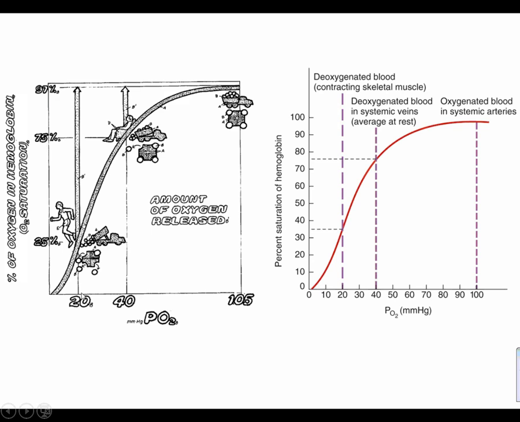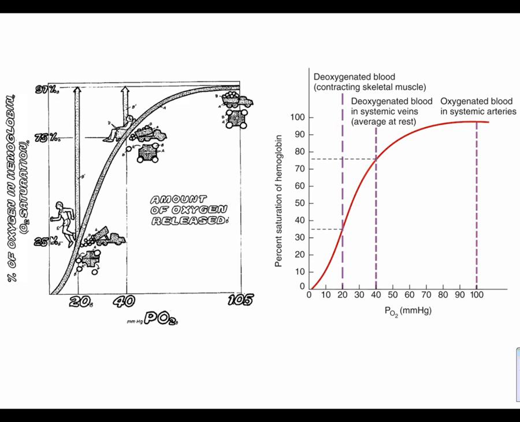Our oxygen consumption goes up, therefore PO2 drops. And since we're on the very steep slope, a drop from 40 to 20 makes a huge difference in how much we dump off. So even when we're doing max exercise, the blood coming back to our heart is still 25% saturated with oxygen.